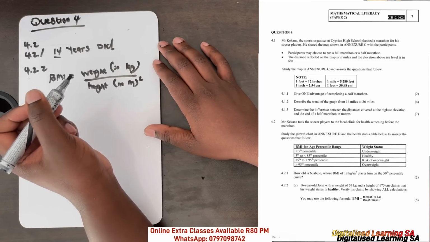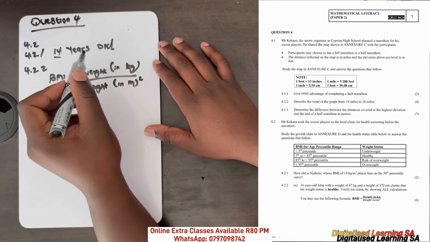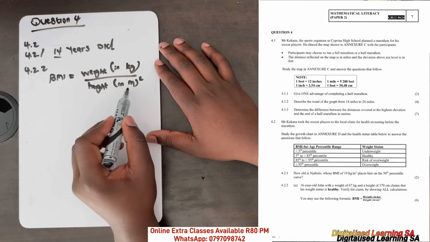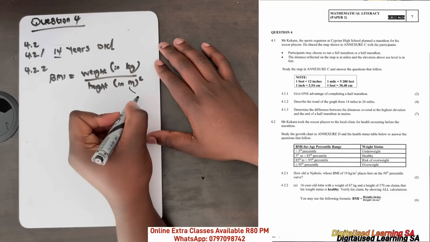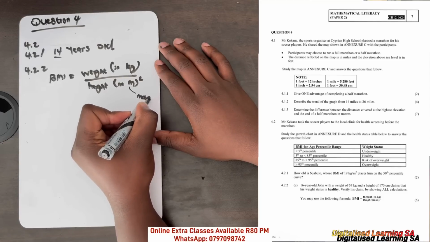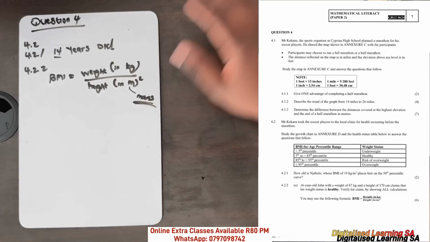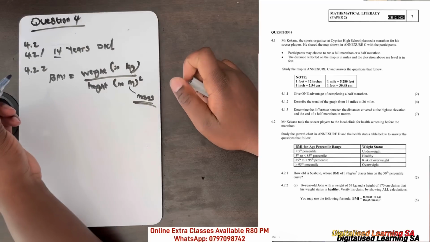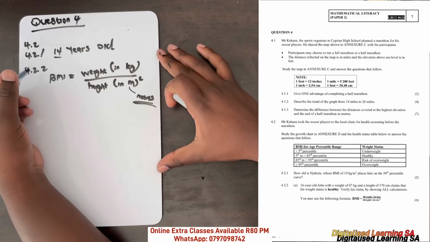John's height is given in centimeters, meaning that we need to convert it into meters, because we need to divide by height in meters. So how do we convert from centimeters to meters? We divide by 100.